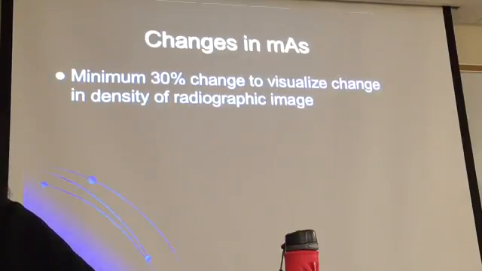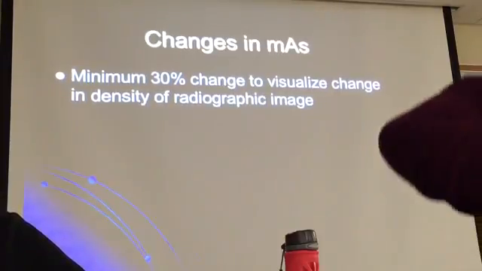The next thing is examples of the ranges of S numbers that are acceptable for the five body parts I told you: abdomen, chest, extremity, shoulder, and knee. Are we good?